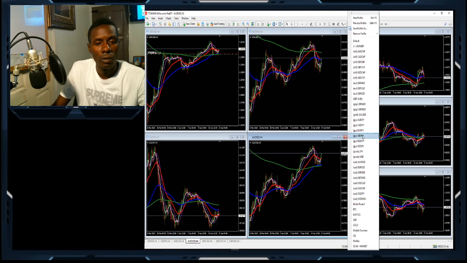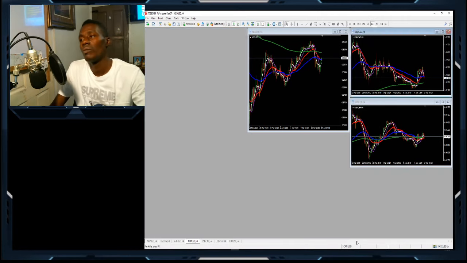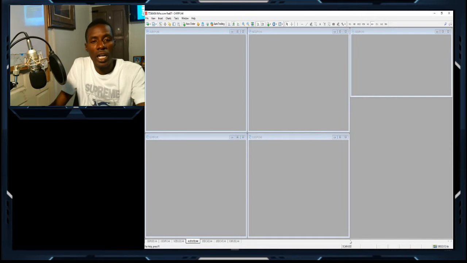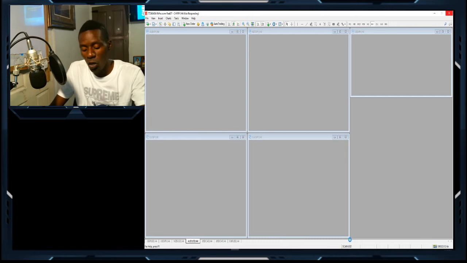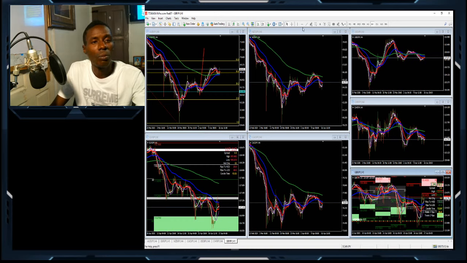First, yen. This is how I have my chart layout before I drill down to execution. I have a different template that I use for execution. This is a bit messy. I can just clean this up real quick for you.